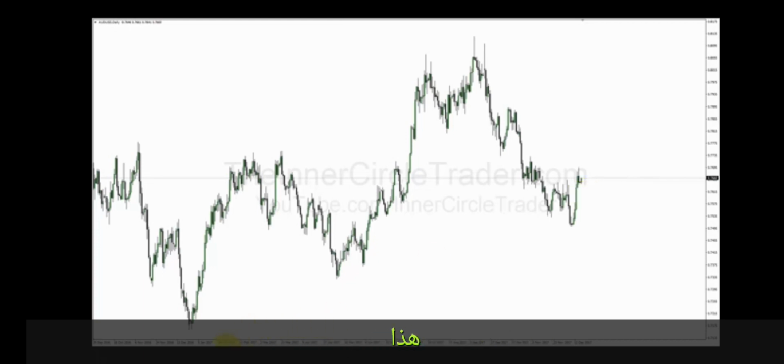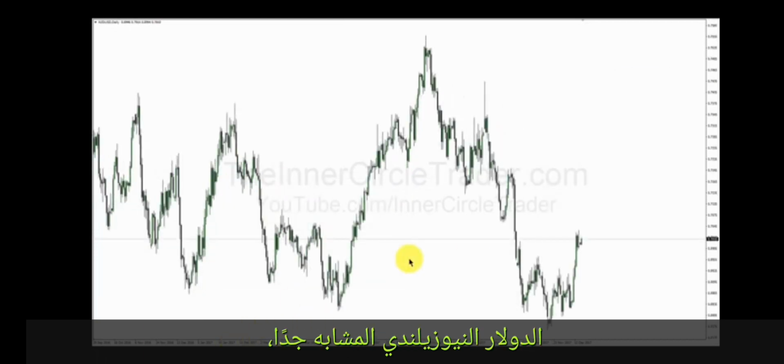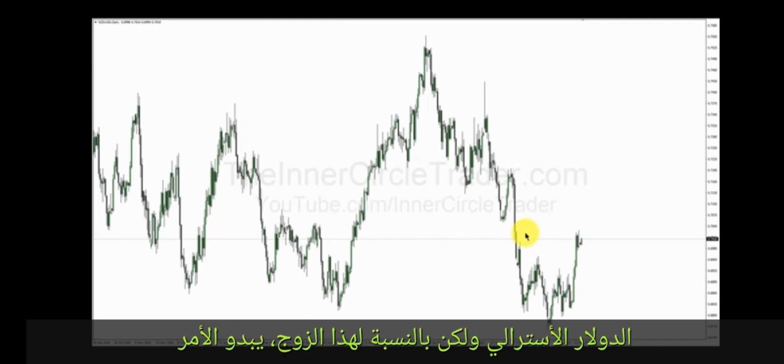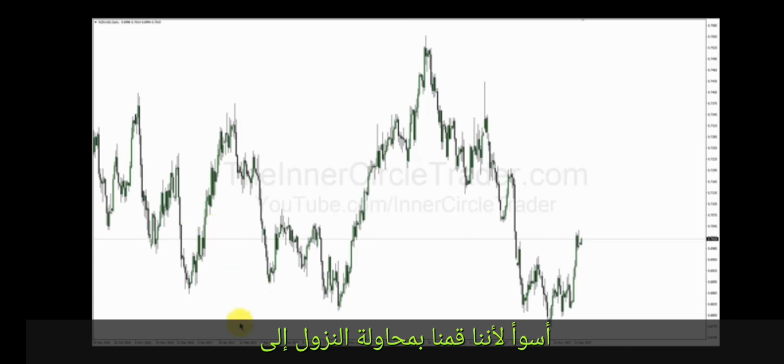New Zealand dollar is very similar. We would be looking for similar conditions as with the Aussie dollar, but for this pair it looks even worse because we've had an attempt to go lower, lower, lower, lower. Every low has been taken out, and we don't have any kind of clear defined market structure to work with.